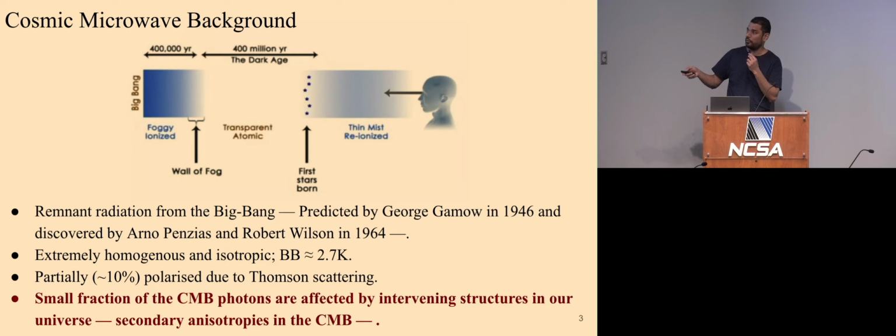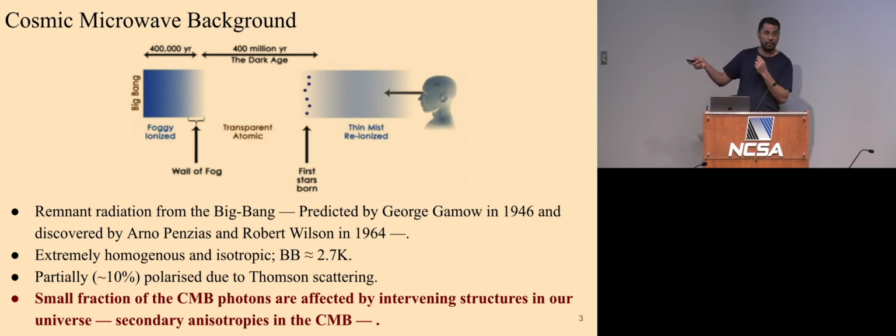This radiation is very homogeneous and isotropic, meaning in any direction you look, the radiation is the same. There are really small anisotropies on that very smooth background, because if those were not there, we would not be here today. It's because of those that structures formed, and because of that we are here.